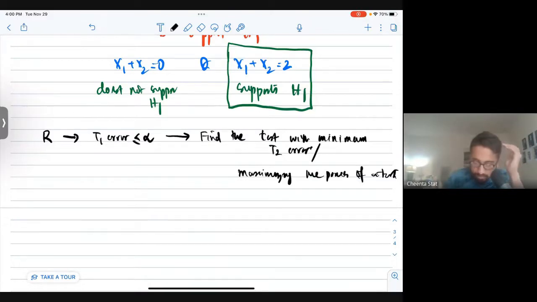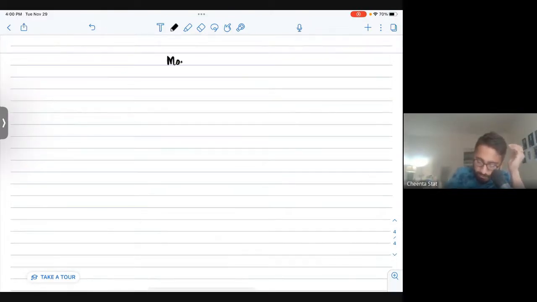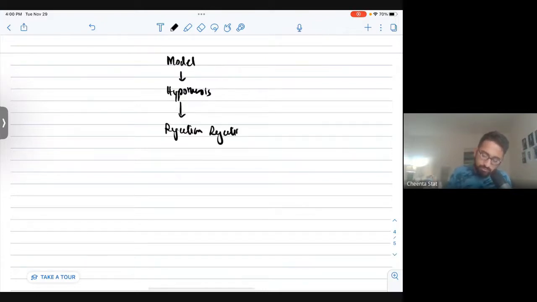So this is the step. We first have a model. Then we have the hypothesis. And from the hypothesis, we have the rejection region. For the rejection region, we fix the type 1 error equal to alpha.